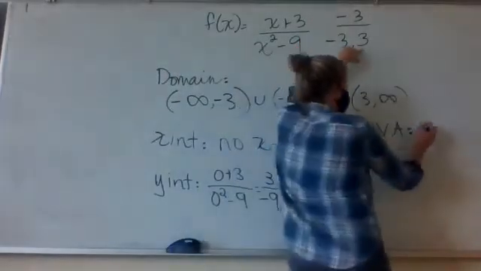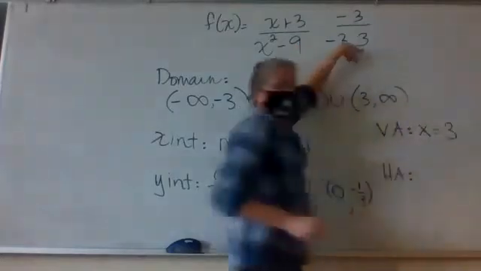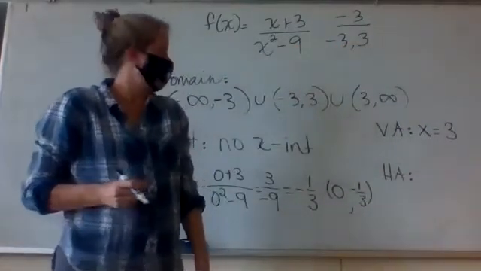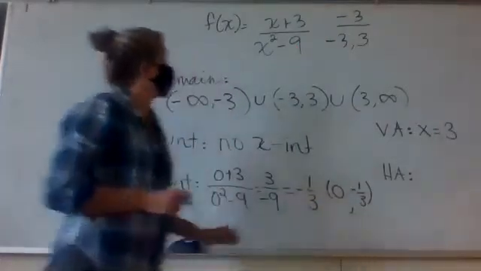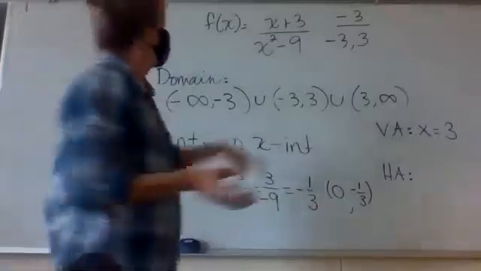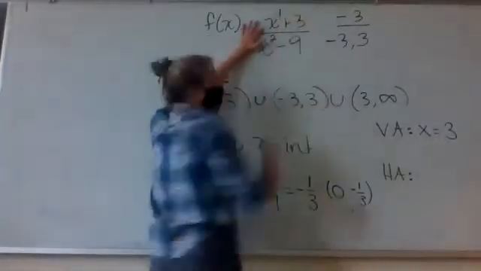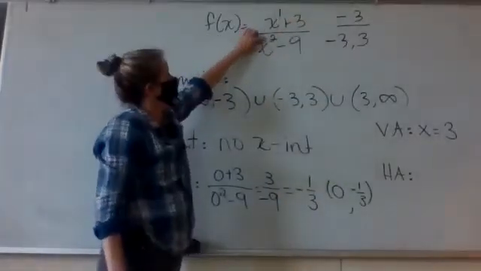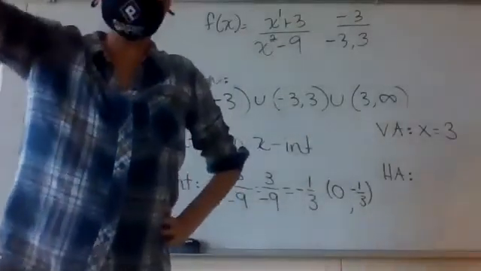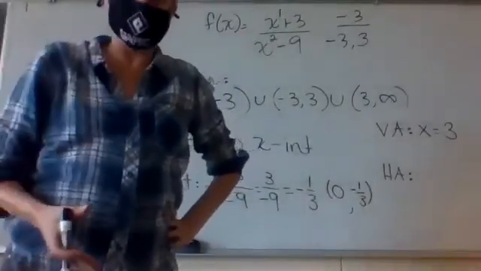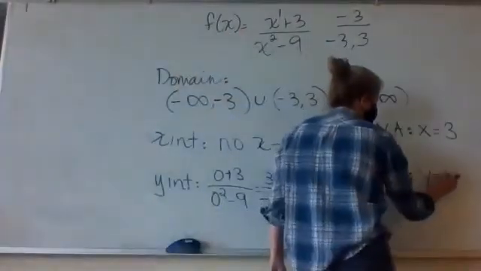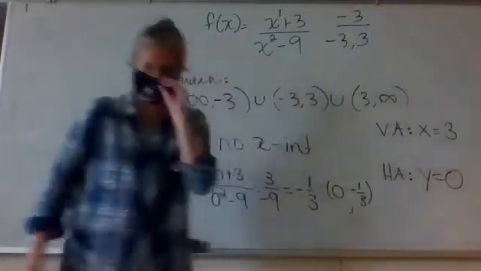So only x equals +3 is a vertical asymptote. And the last feature is the horizontal asymptote, which comes from the degree comparison. So what's the degree of the top? It is 1. The degree of the bottom is 2, which means the degree of the numerator is less than the degree of the denominator, which tells me the horizontal asymptote is automatically y equals 0.